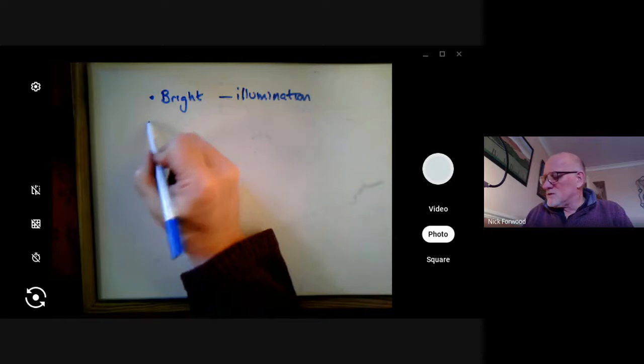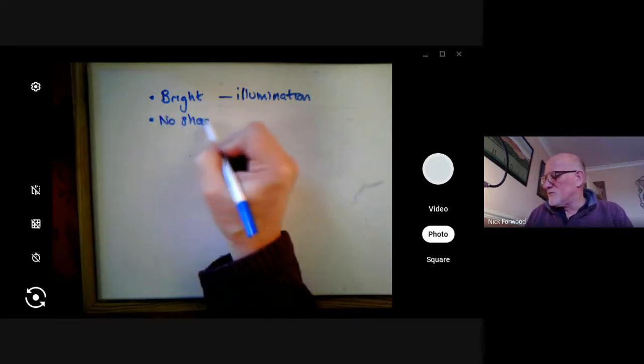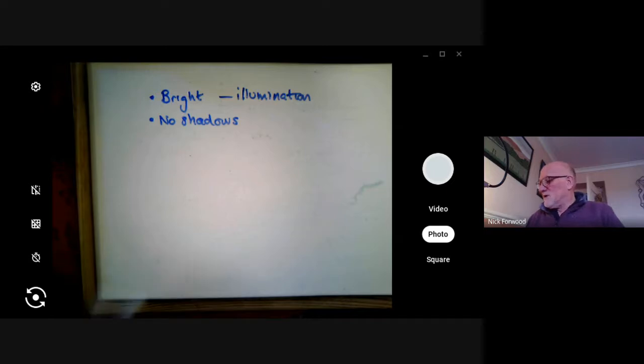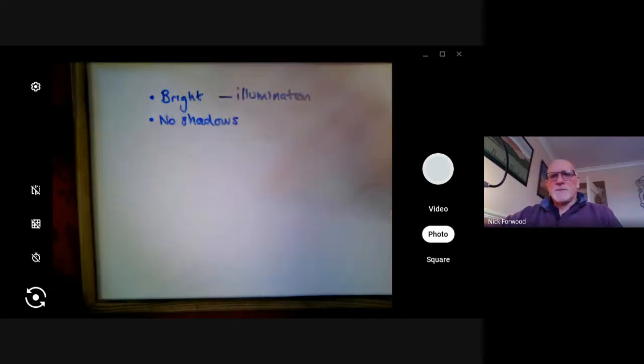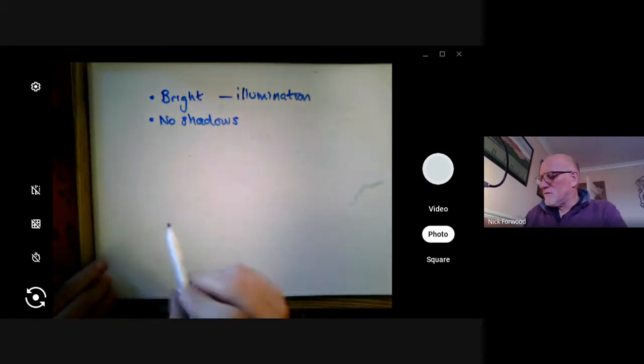They want to have no shadows. It's very difficult for me to read what you've done if you've got your light, and I've got a light here at the side of my table. If you get in the way of the light, you'll get shadows all over your work, and then you can't actually see what's going on. So try and avoid shadows.